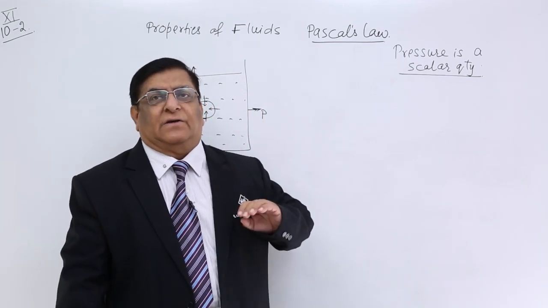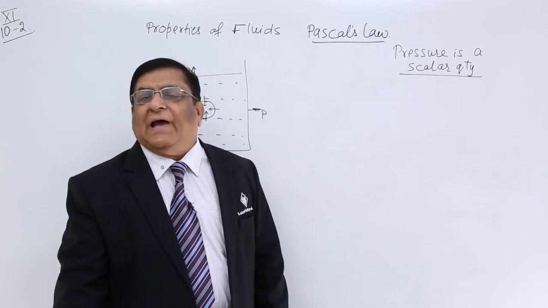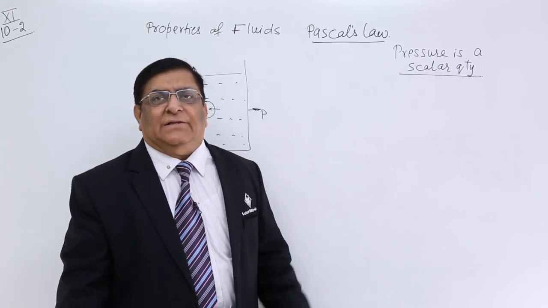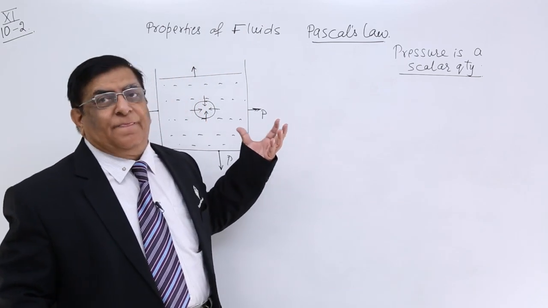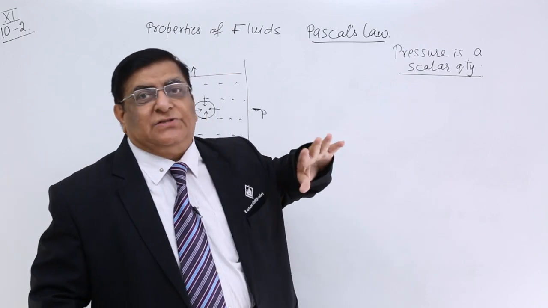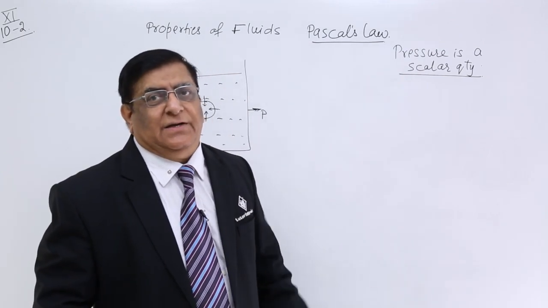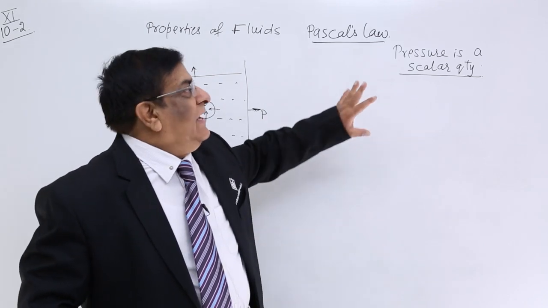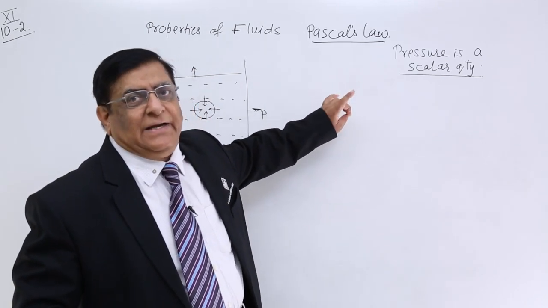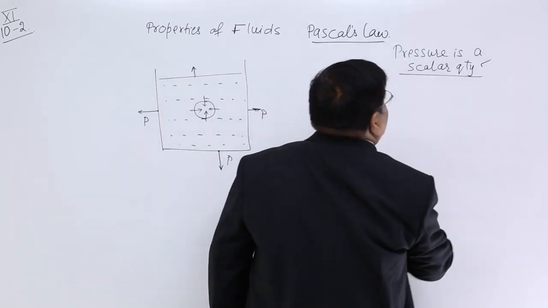So if it is not a vector and it is not a scalar, then what type of quantity is it? And they say a new name, that this is something like neither vector nor scalar, something else. Please don't go to that. It is very clearly in our textbooks that it is a scalar quantity, and go for that.